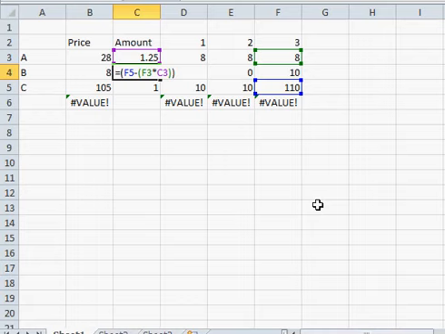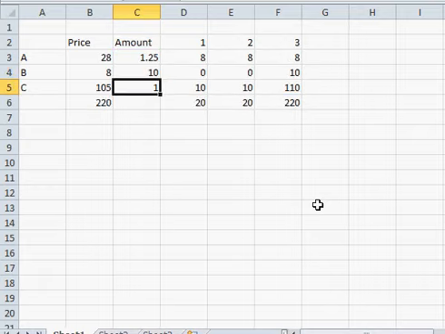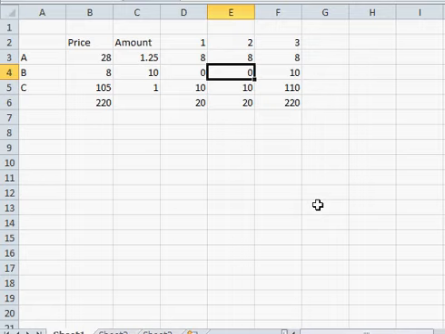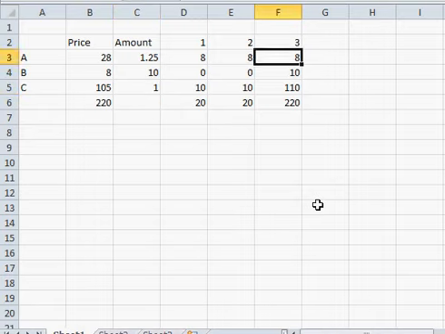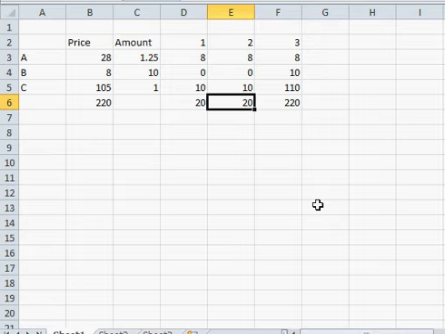So we need to divide by dollars per B to get it to all work out. And dollars per B is this cell right there, 10. So it ended up 110 minus the quantity 8 times 1.25 is equal to 100. And we need 10 tens to match the 100. So we're going to pay $220 to get that done.